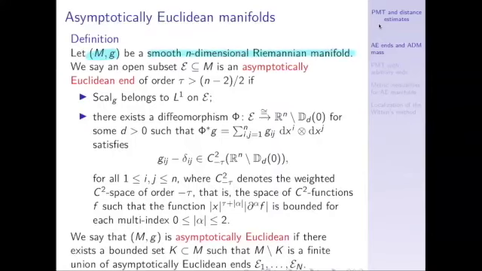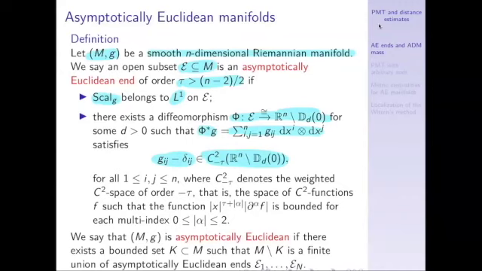We say that an open set E is an asymptotically Euclidean end of order tau, where tau is greater than (n minus 2) over 2, if, first, the scalar curvature is in L1 on E, and the second condition is that there exists a diffeomorphism phi between E and the Euclidean space minus a disk, such that the pullback metric converges to the Euclidean metric with a certain decay, which is expressed by saying that the difference belongs to this weighted C2 space.